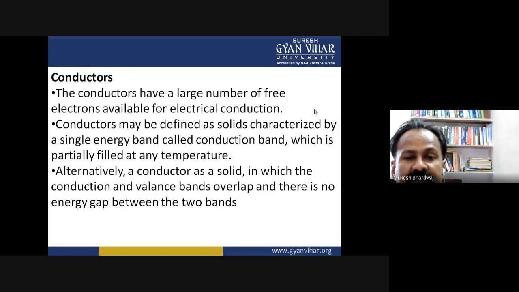A conductor may be defined as a solid characterized by a single energy band called the conduction band, which is partially filled at any temperature. Alternatively, a conductor is a solid in which the conduction and valence bands overlap and there is no energy gap between the two bands.